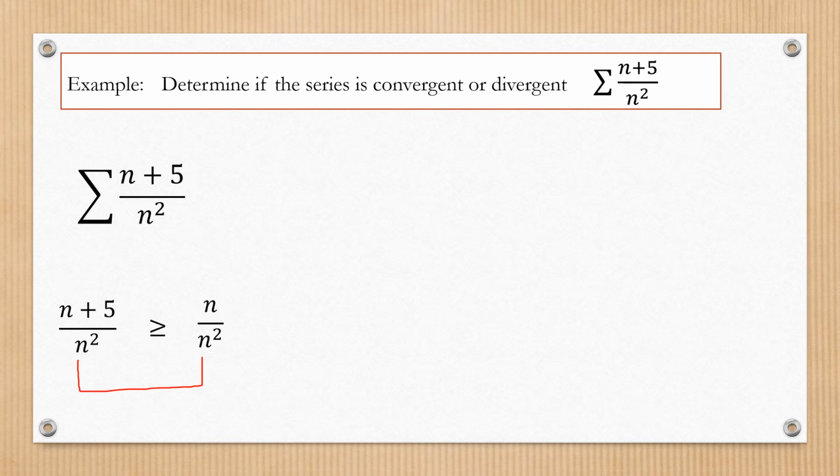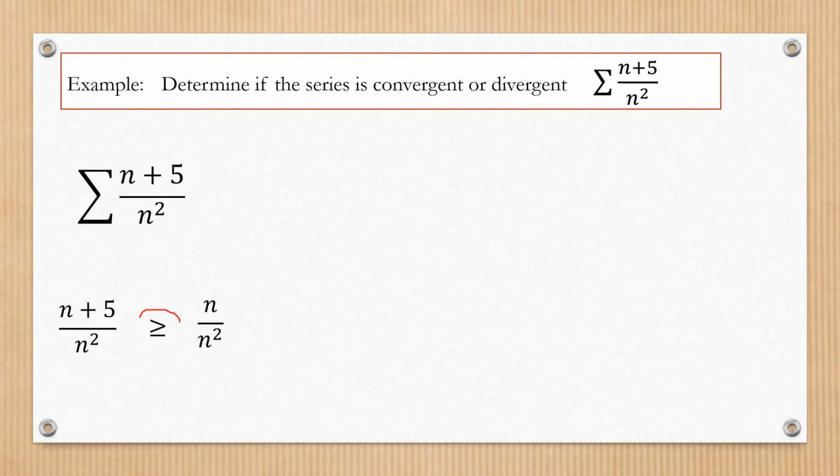That is why, if we find out that this series is convergent, then this one is convergent too. But if this is divergent, then this is also divergent. Or the other way around. If this is divergent, then most definitely this is also divergent. If this is convergent, then this is convergent too, because their behavior is similar.